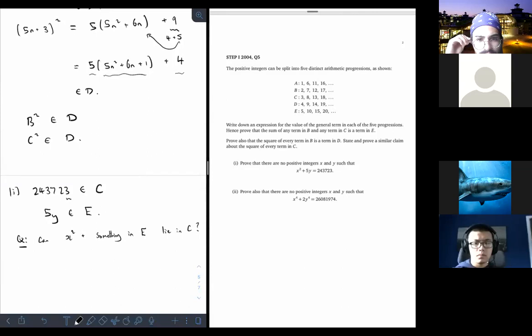We calculated B squared and C squared. And so there are 5 cases you can consider. If x was in B or C, then we would know that x squared is in D by the above.